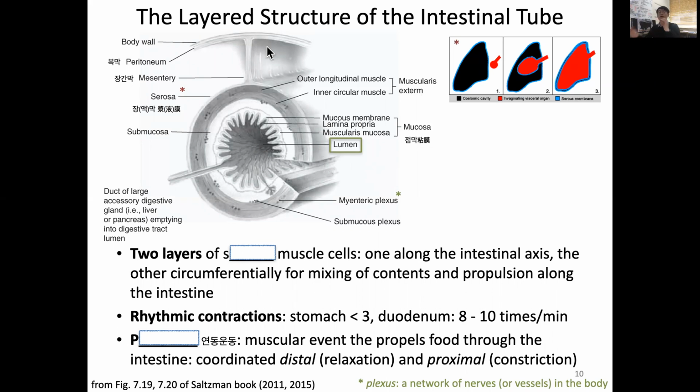First, the hollow space inside the intestinal tube is called the lumen. And second, this blue lining, which is called the peritoneum, is a serous membrane that forms the lining of the abdominal cavity.